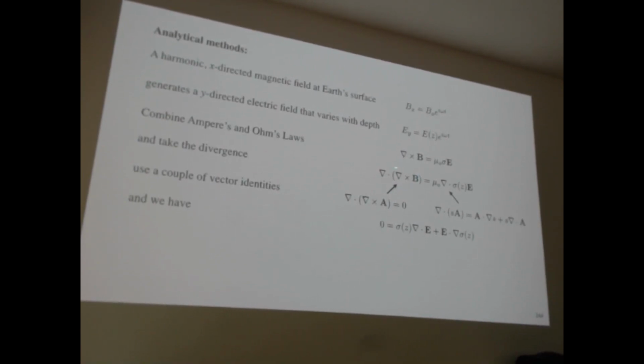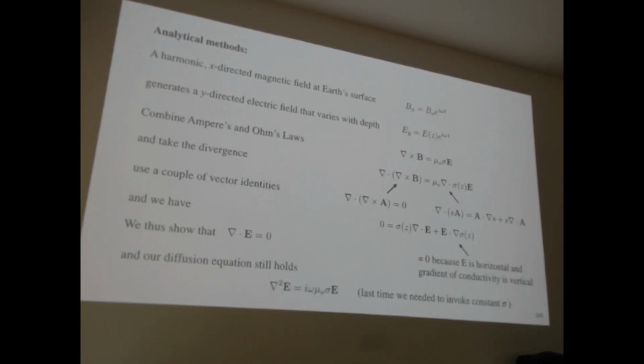This thing is known to be 0 for all sensible fields A or B, and then this can be written as a divergence of a constant times a field, and so we have 0 is equal to the conductivity as a function of depth times the divergence of E plus the gradient of the conductivity with depth.